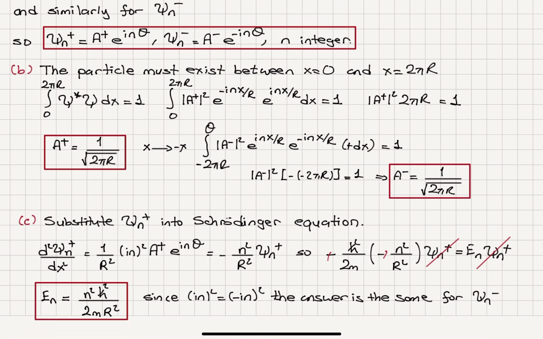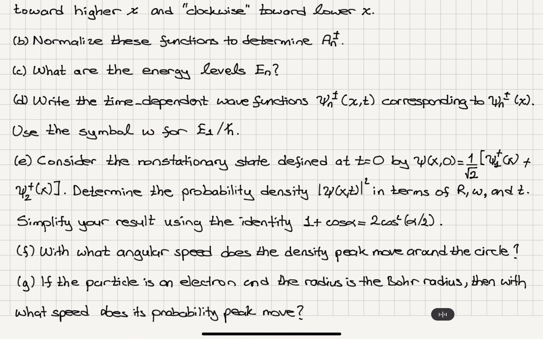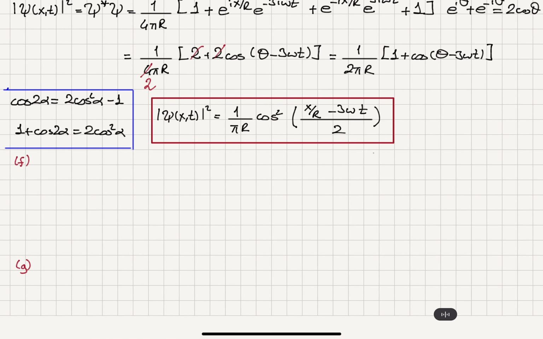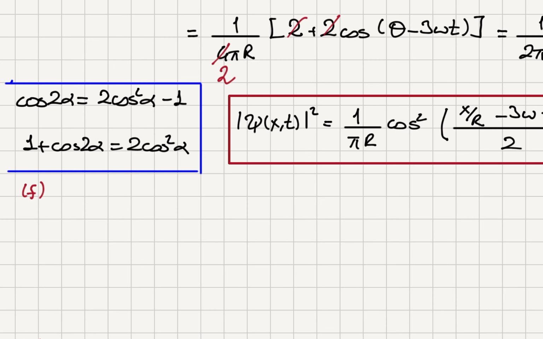Part F. With what angular speed does the density peak move around the circle? Okay, so where is the probability density peak?